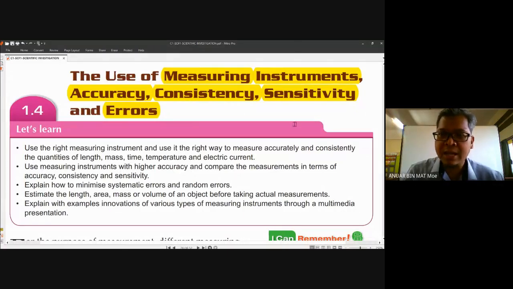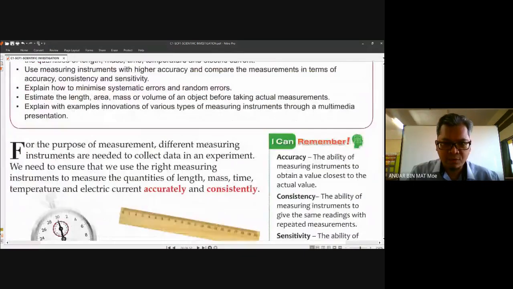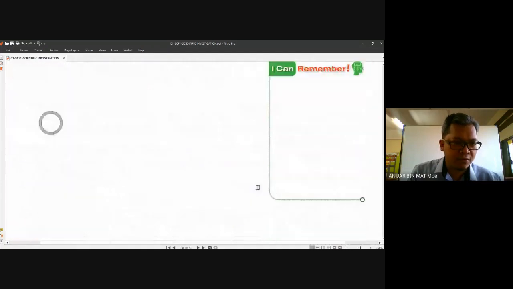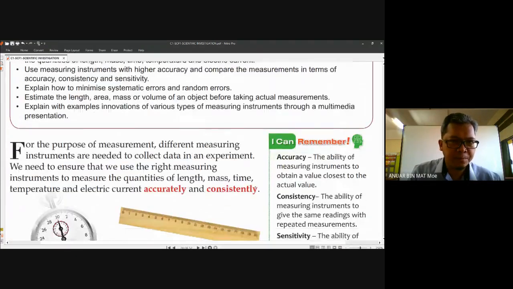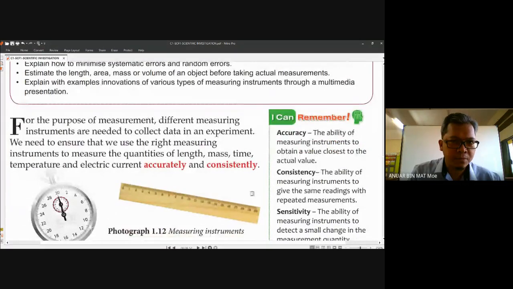That is the SI unit, and that is the physical unit of the object. Okay, so I jump to the first topic for today. We have already learned the physical units of length, mass, time, temperature, and electric current.